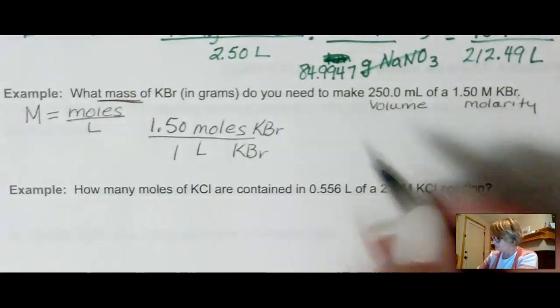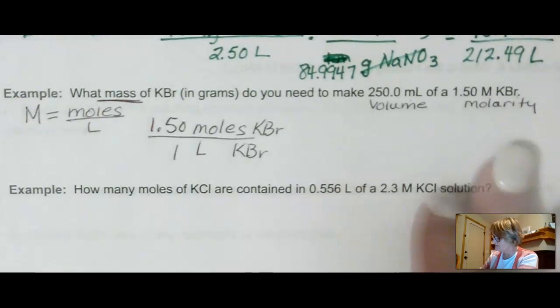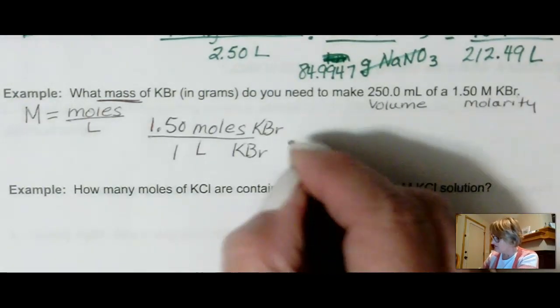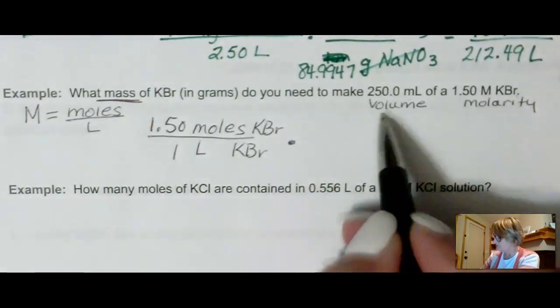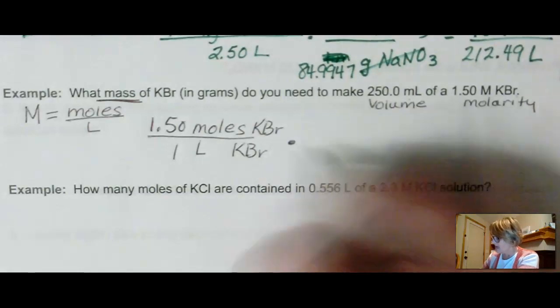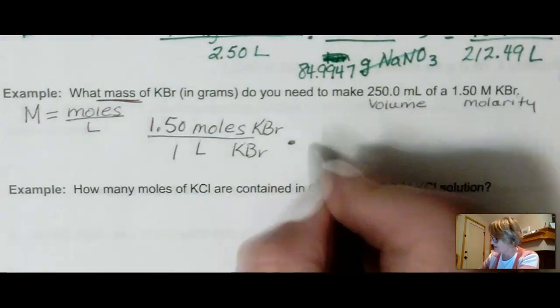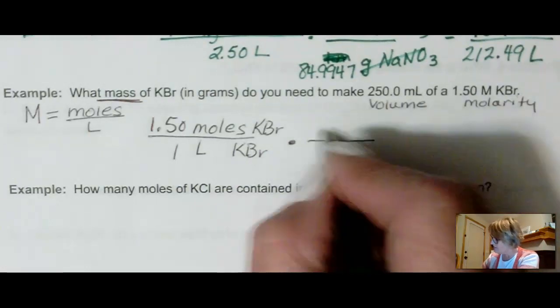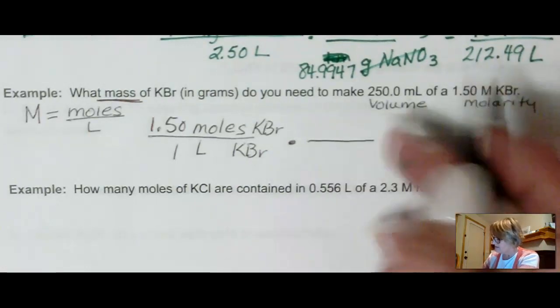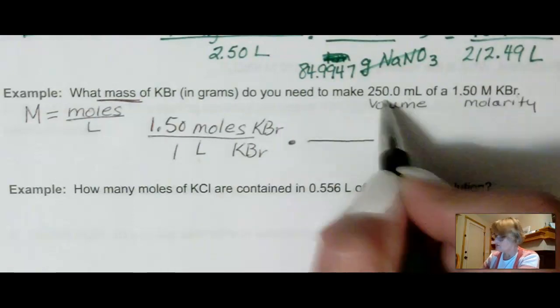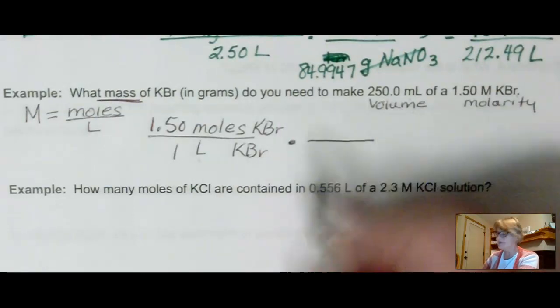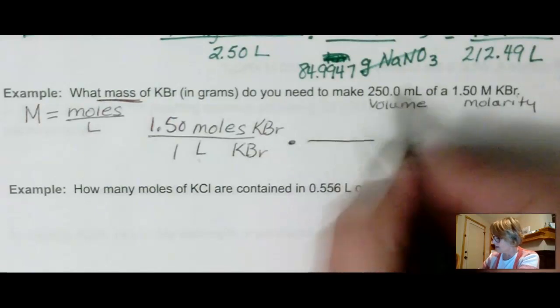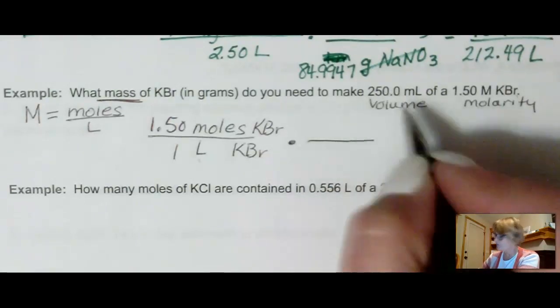Now, when you look at the information you have, you also have a volume given. I know I'm going to need liters in my numerator, so that's where my volume is going to go. Since this is in milliliters, I'm going to change it to liters. You could do a unit conversion within your problem, but I'm just going to move my decimal 3 places.